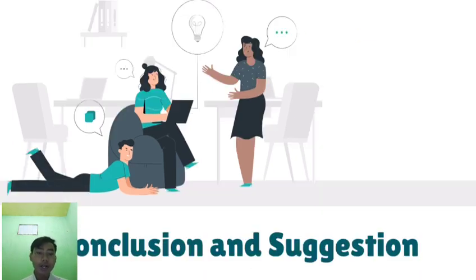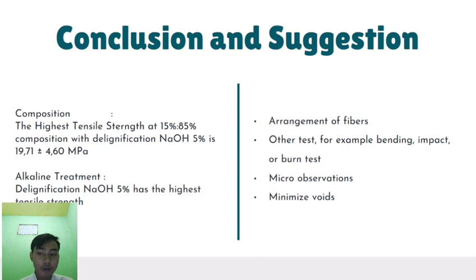Composition: the highest tensile strength is at 15% fiber to 85% resin. The tensile strength of the composition at NaOH 5% is 19.71 plus or minus 4.60 MPa. Alkaline treatment: delignification with NaOH 5% has the highest tensile strength.